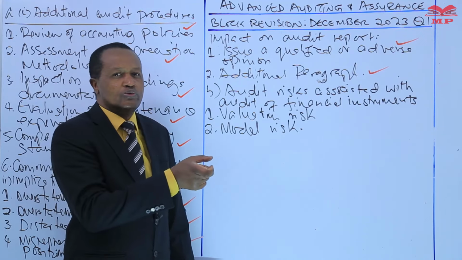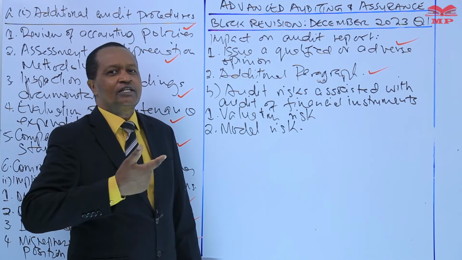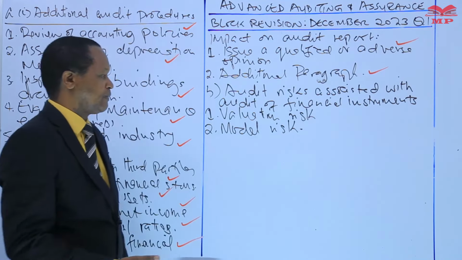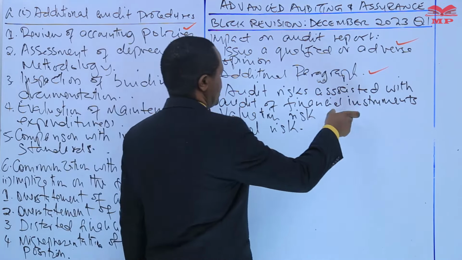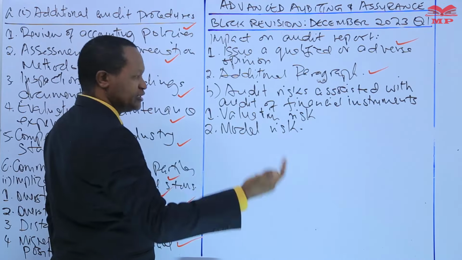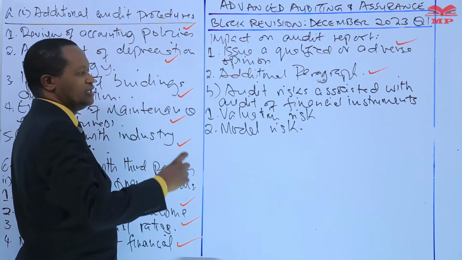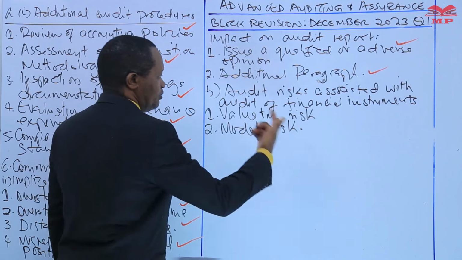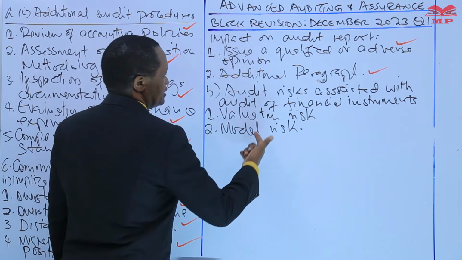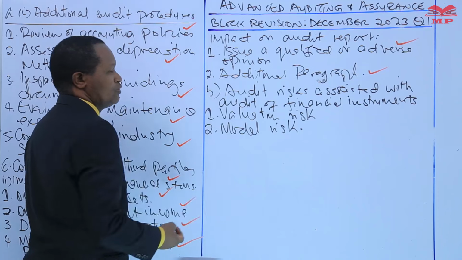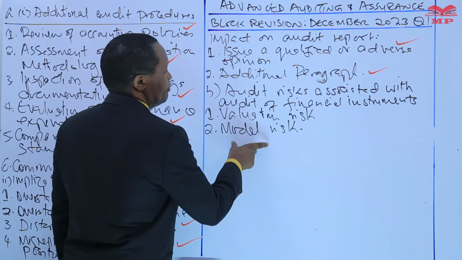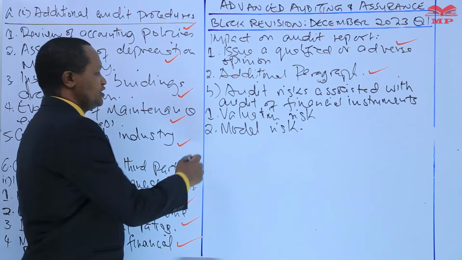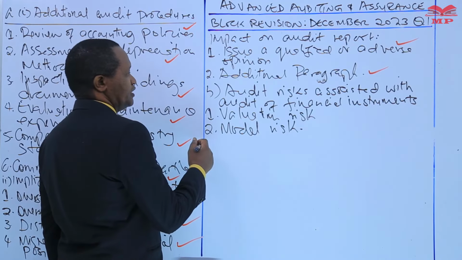So auditors need to evaluate the controls around model development and their use. Financial instruments are valued based on certain models, so there could also be errors in the development of these models, which can pose model risks. When auditing these financial instruments, the auditors ought to pay attention to the models and how they are developed.